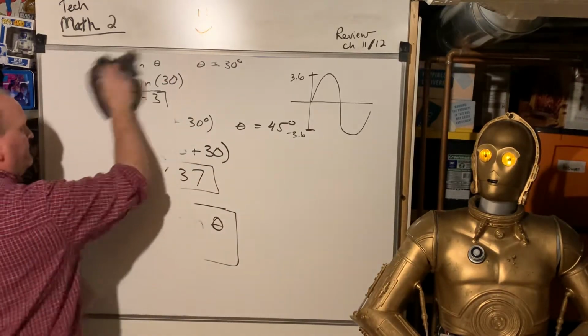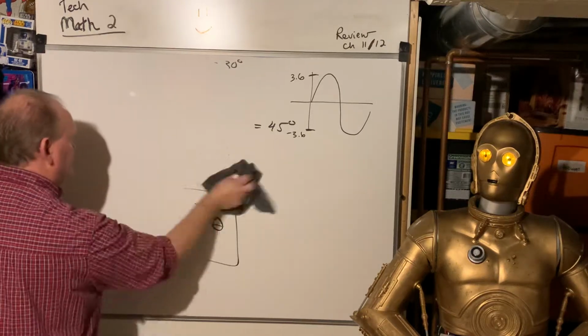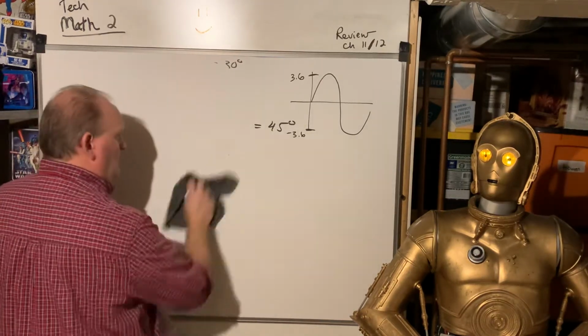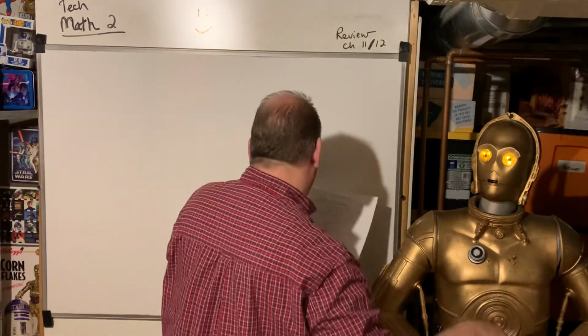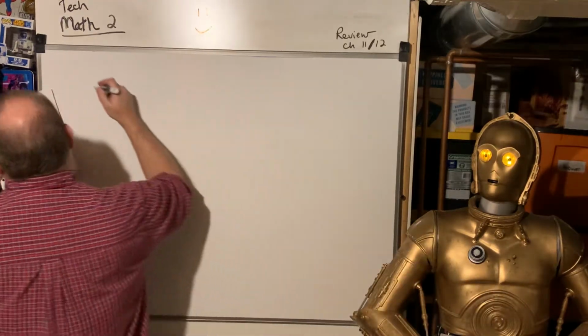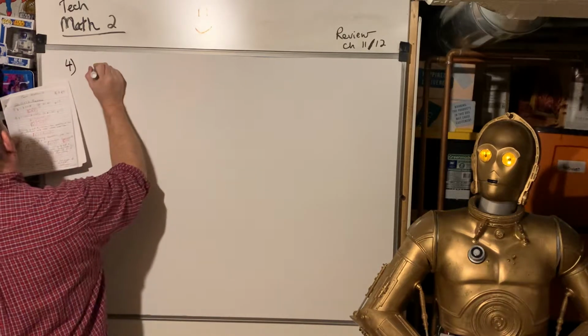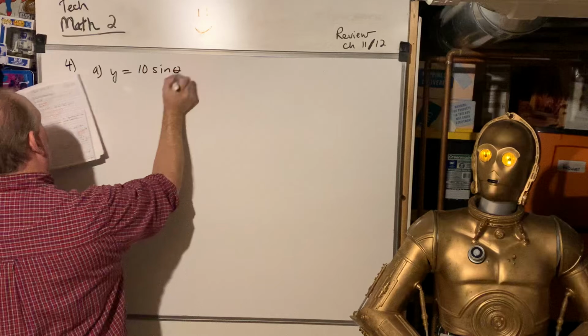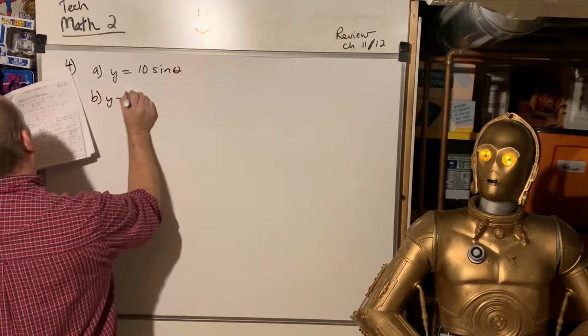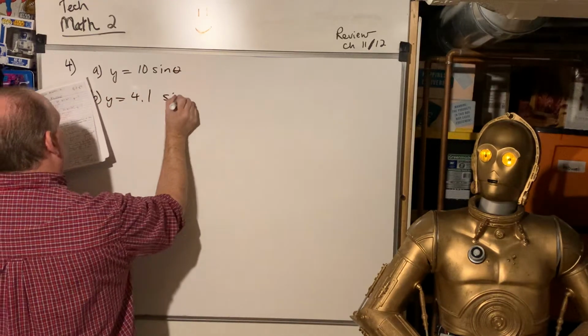Number 4. In the following equations, what's the max value? So A is y equals 10 sine theta. B is y equals 4.1 sine theta.